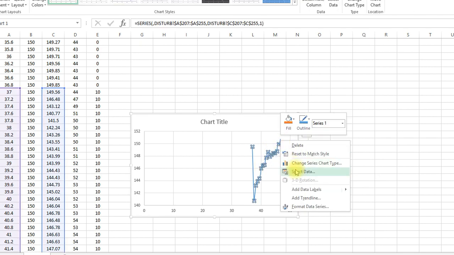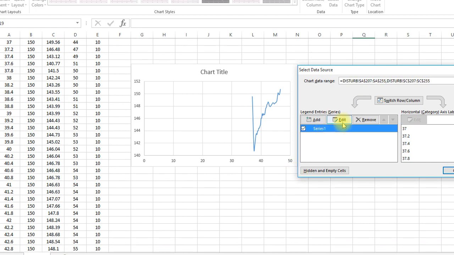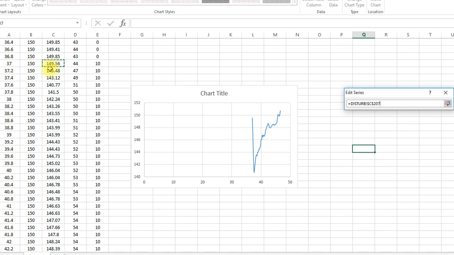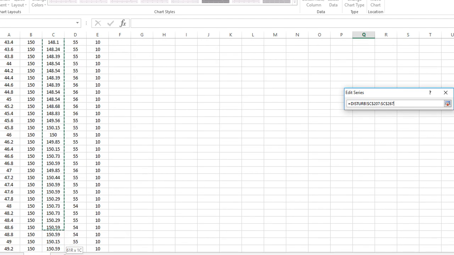I need to add more data points so that we know that it came back. Yeah, again up to here. You can see this is again a disturbance.